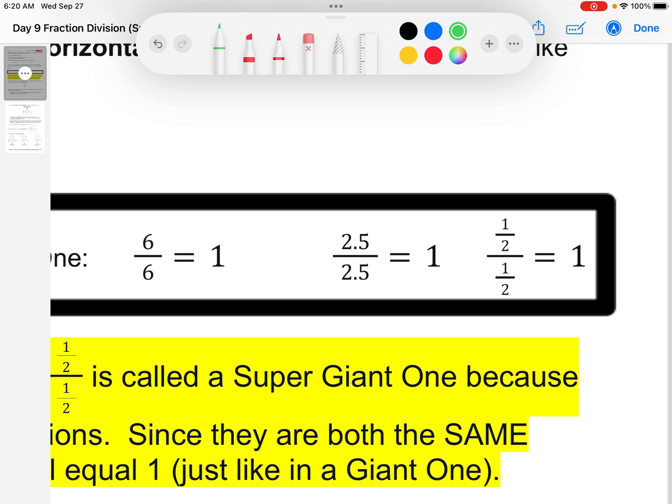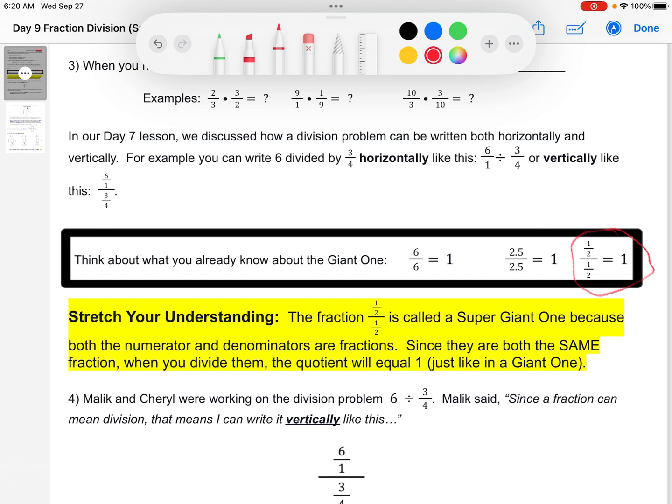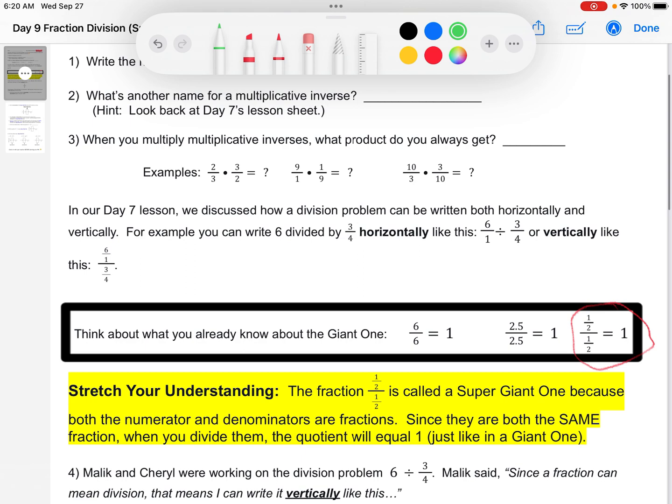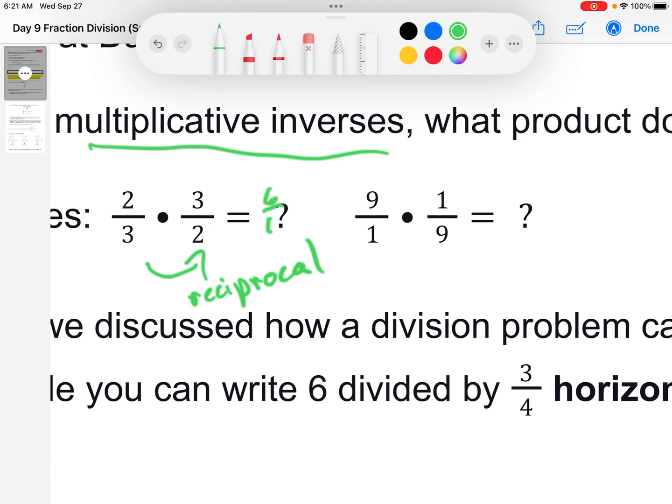giant ones. But what we have here is that supergiant one. Why? The super part just means that we have a fraction inside of a fraction. So we're going to use that supergiant one in our favor today. Also, just as a reminder, when we take 2/3 and multiply it by its reciprocal, or the multiplicative inverse, we always get, in this case, 6 over 6, which equals 1.